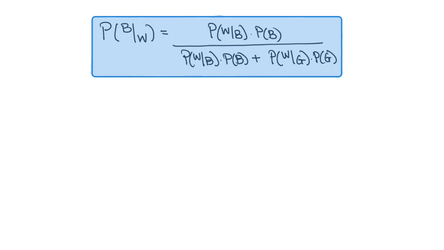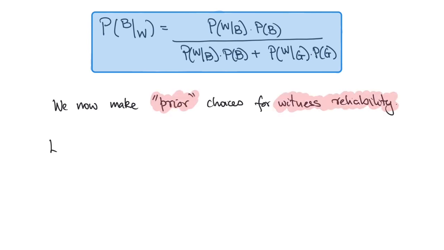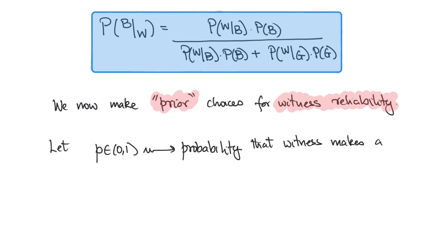We now use the full power of Bayes' theorem by making prior assumptions on the ability of the witness to make correct observations. So this is going to be quantified by choosing a number P that is going to lie between 0 and 1, and it is going to correspond to the probability that the witness makes a correct observation.